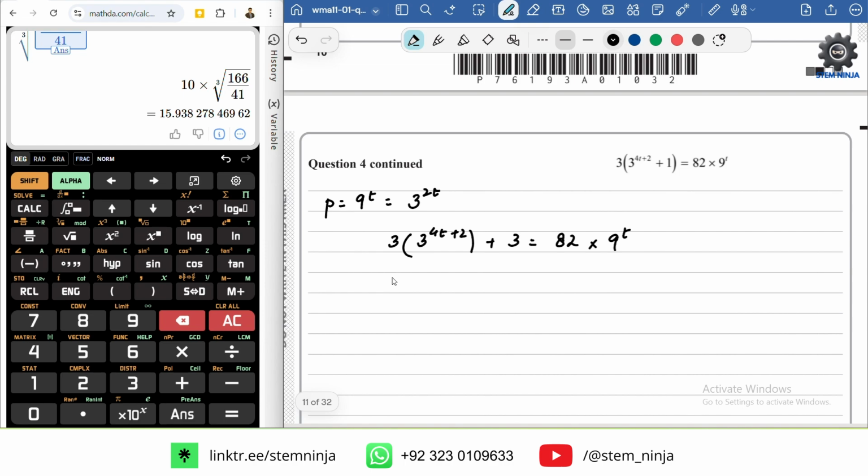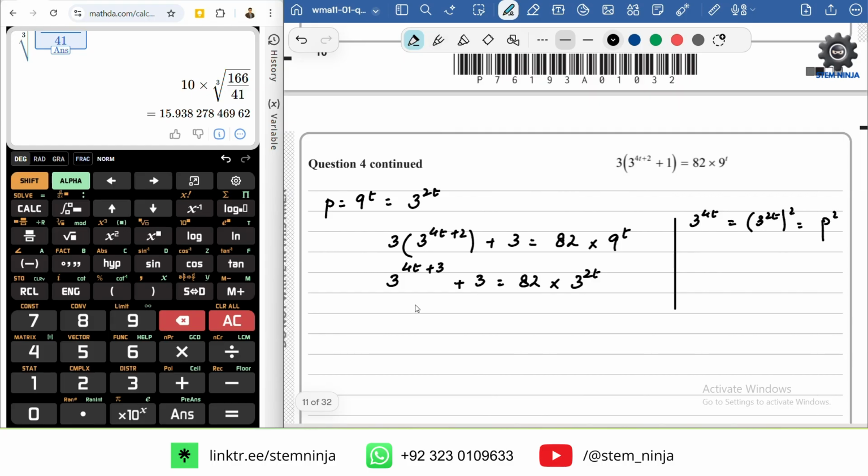So 3 times this basically means 3 to the 4t plus 3, because one more 3 is added, and plus 3 equals 82 times 3 raised to power 2t. 3 raised to power 4t is actually the square of 3 raised to power 2t, so this is p squared.